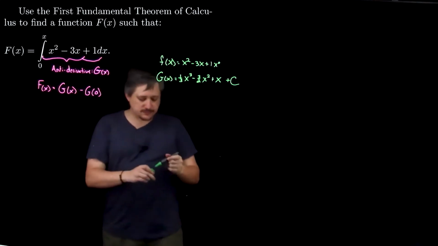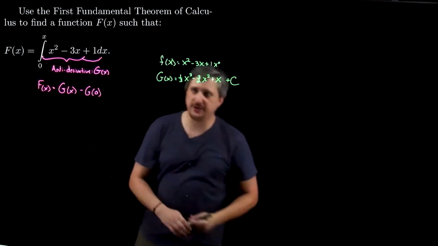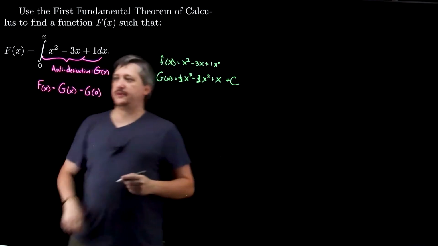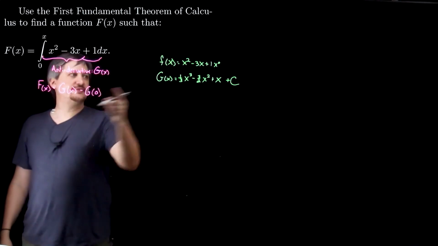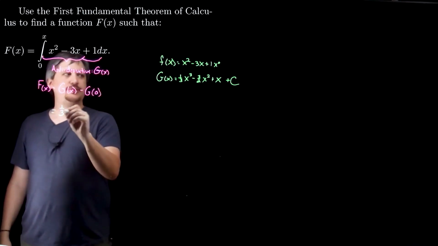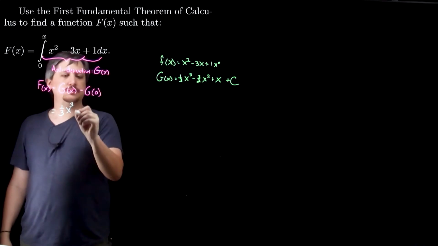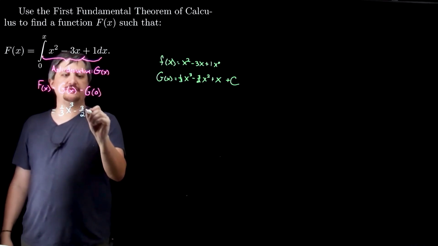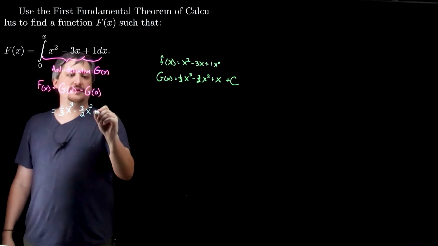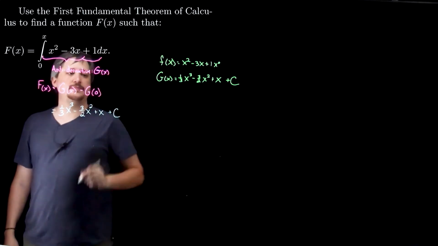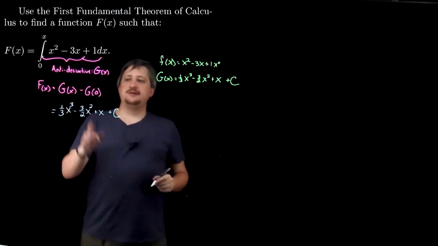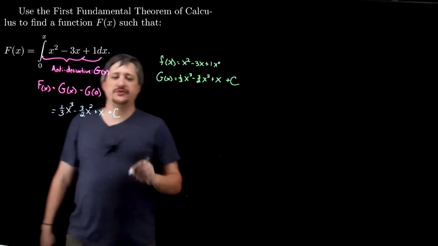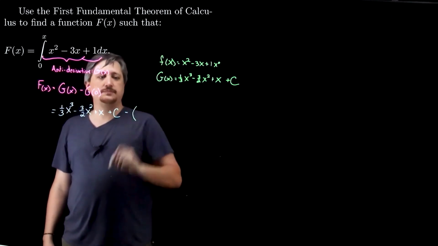Now, what happens if I then do this? Well, I know what G of x is now. It's 1/3 x cubed minus 3/2 x squared plus x plus C. But then the claim is I'm going to subtract G of 0. So let's see what happens when I do that.